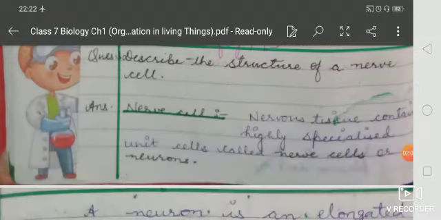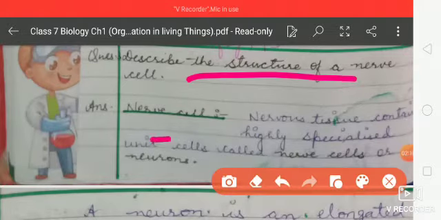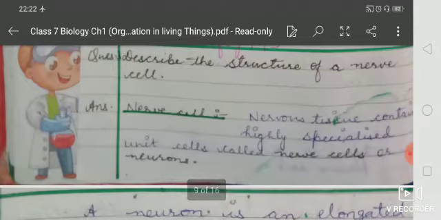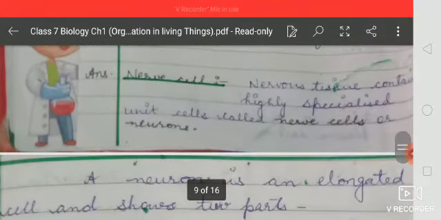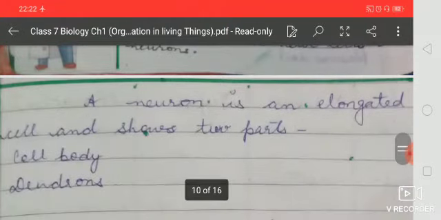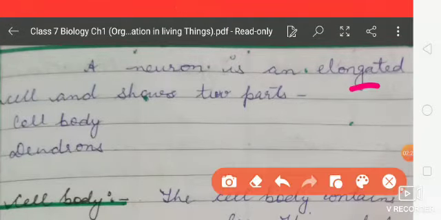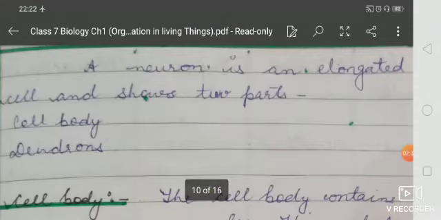The next one is: describe the structure of a nerve cell. So what is a nerve cell? You have seen it in previous pages. Here nervous tissue, its unit cell is called the nerve cell. These nerve tissues are responsible for carrying messages, and a neuron is an elongated cell and shows two parts, the cell body and dendrons. The first one is the cell body.